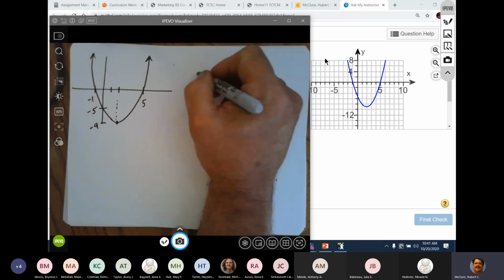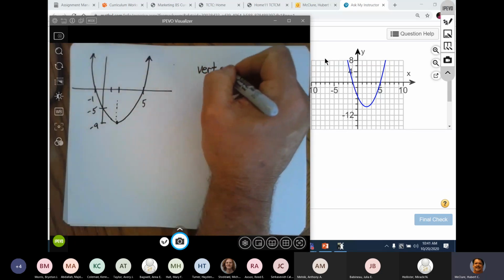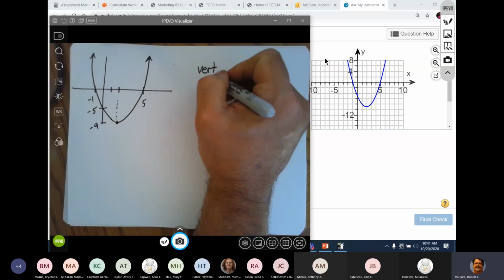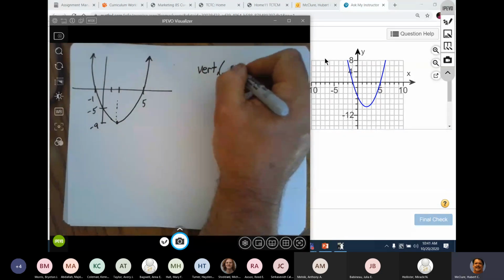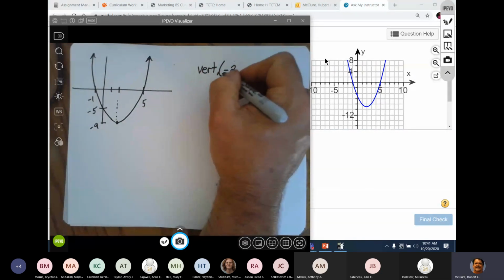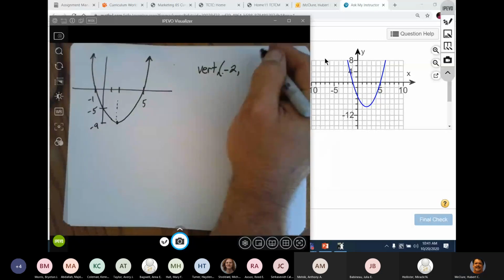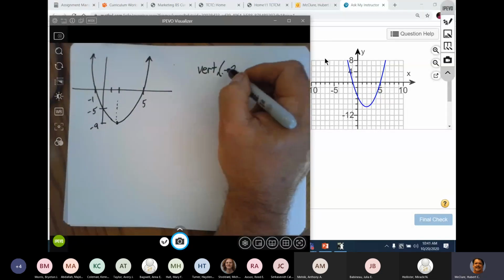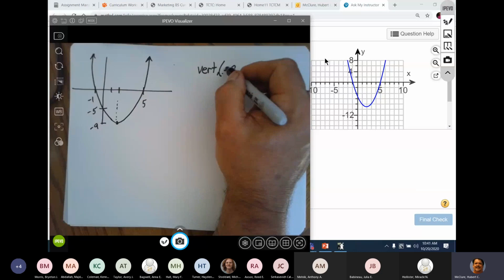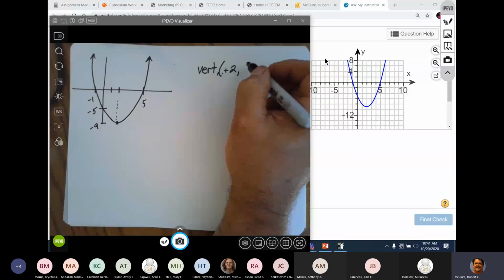So our vertex is 2 to the right, which is negative, and, well, be positive 2 to the right. Yeah, 2 to the right, which means when we plug it into the equation, it'll be negative.